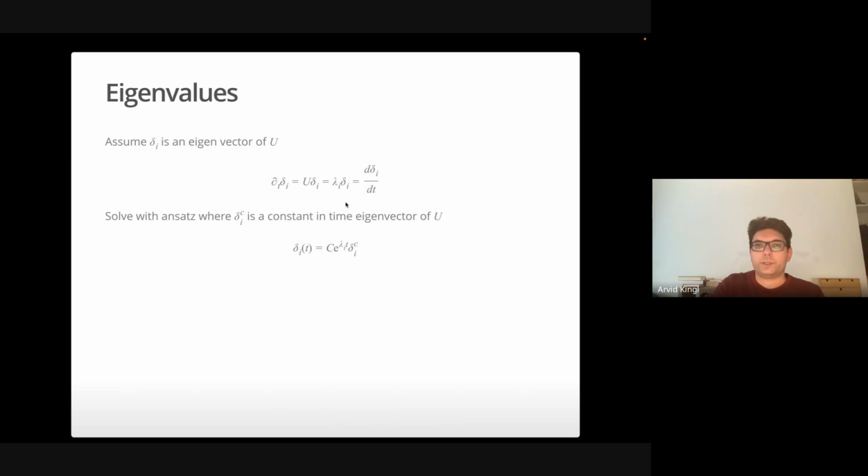And the nice part is the moment you have such a structure, each eigenvalue also has an eigenvector.